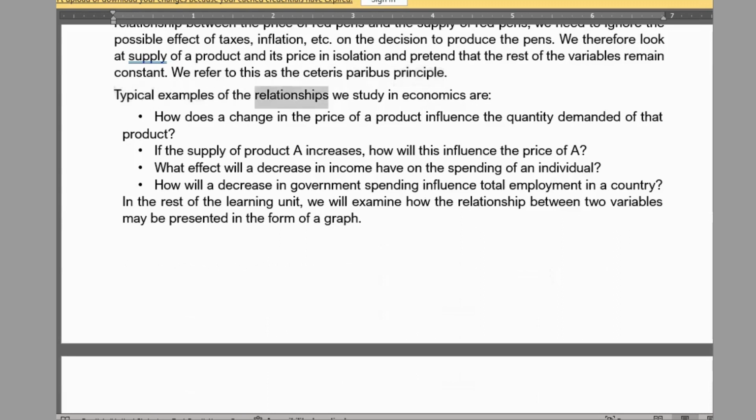Typical examples of the relationships we study in economics are: how does a change in the price of a product influence the quantity demanded of that product?